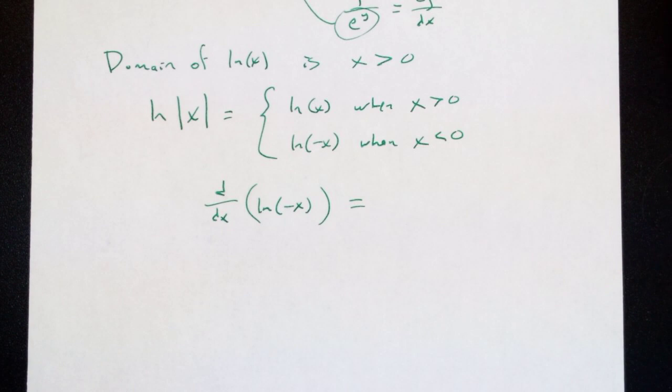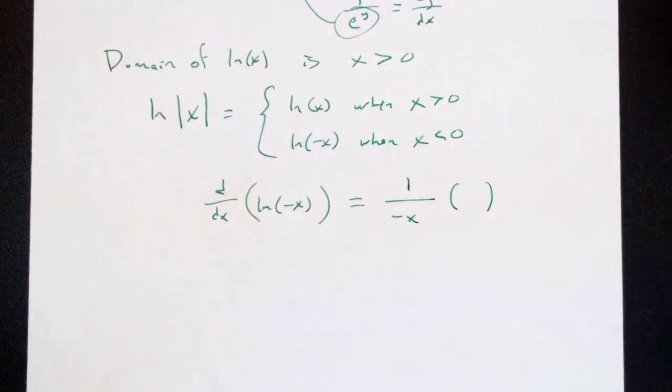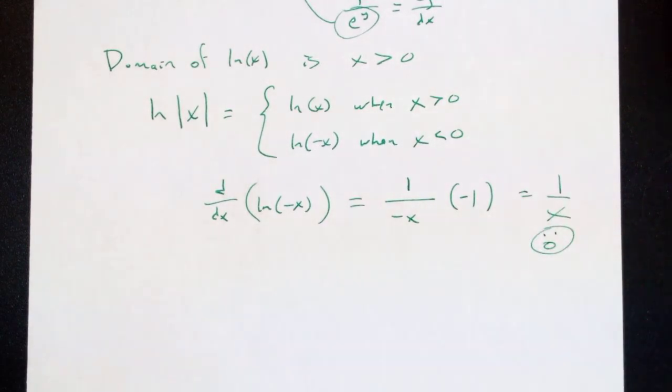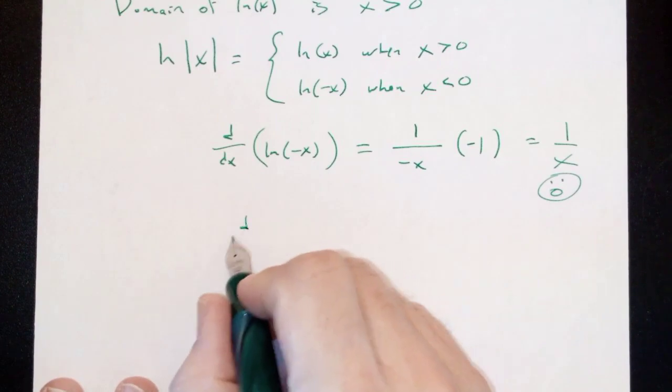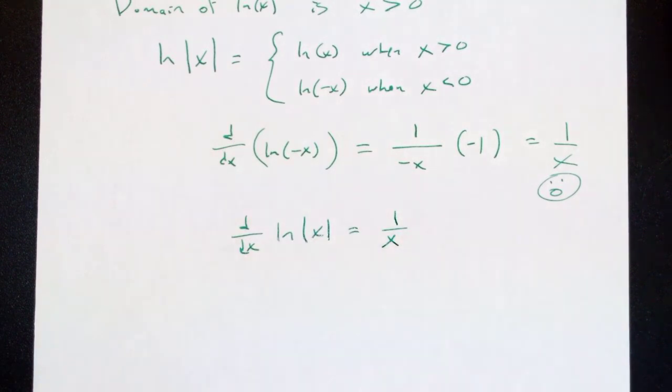I have an outside function, I have an inside function. So I do the derivative of the outside. The derivative of ln of stuff is 1 over stuff. The derivative of the stuff is a -1. Hey, wait a minute. My minus signs are going to cancel out. I got the same derivative again. The derivative of ln of absolute value of x is 1 over x, and that works for both positive and negative numbers.